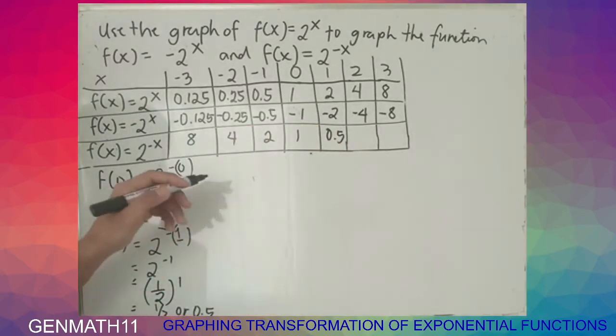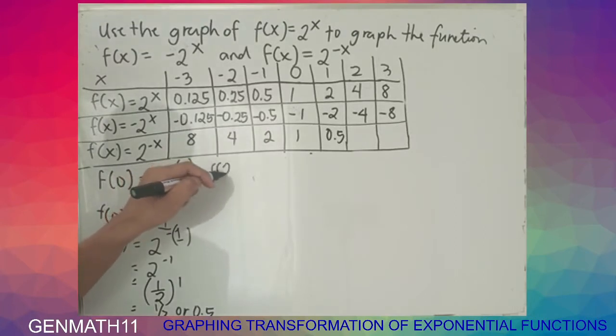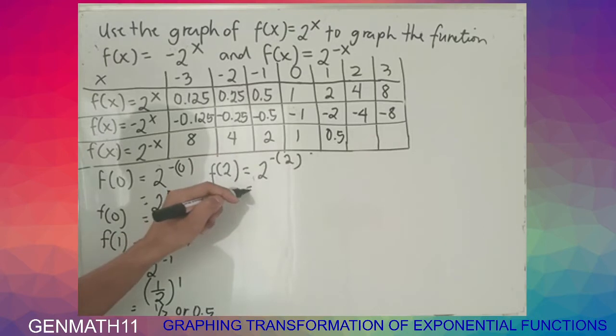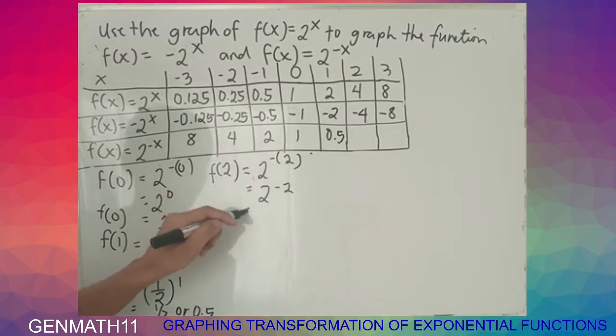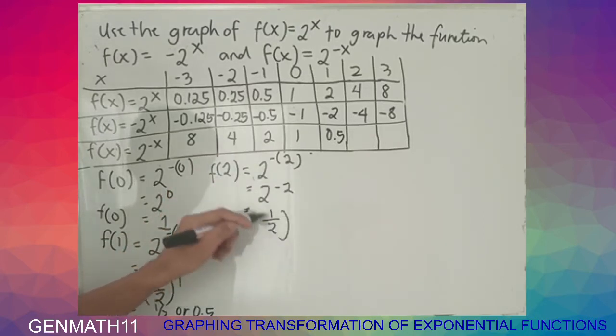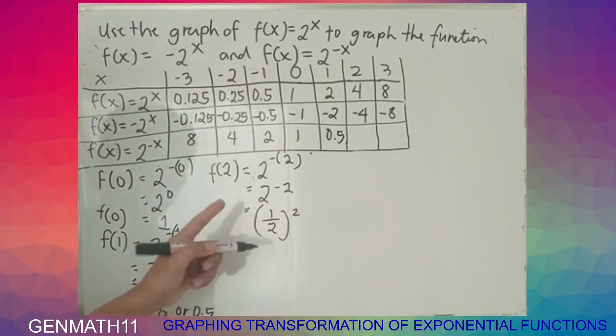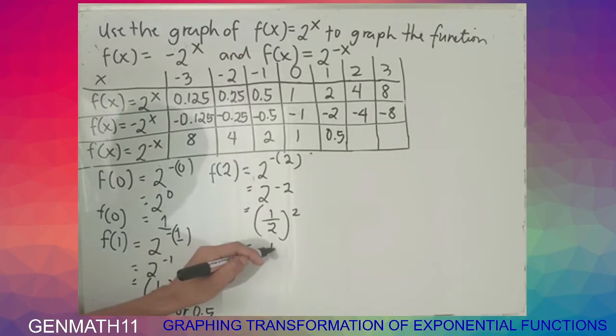Next, 2. It becomes 1 half again, raised to 2. We distribute the exponent: 1 squared is 1, and 2 squared is 4. So it is equivalent to 0.25.